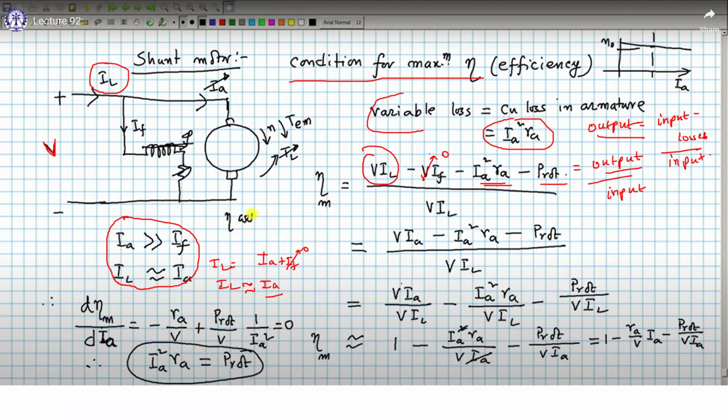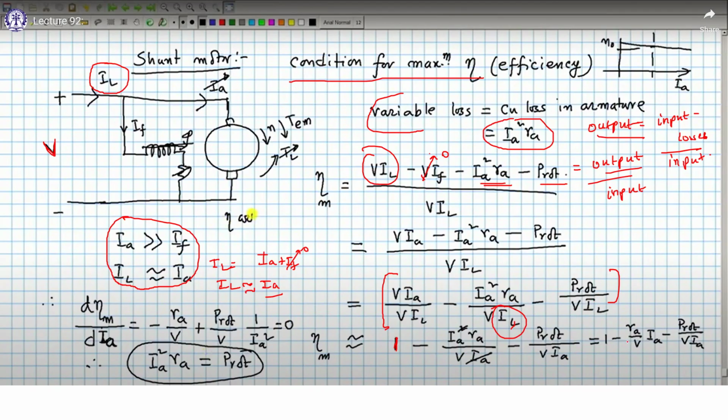Now here it is written in a more simplified manner. So here the fractions are separated. Because IL is almost equal to IA, VIA by VIL becomes 1. Then minus IA square RA, and in place of IL you write IA, so IA gets cancelled. It becomes IARA by V minus rotational losses by VIA.